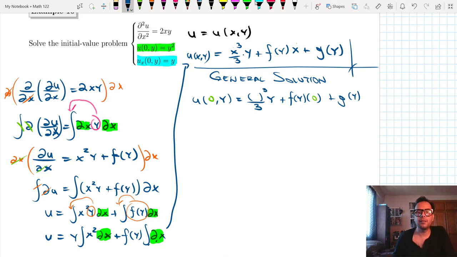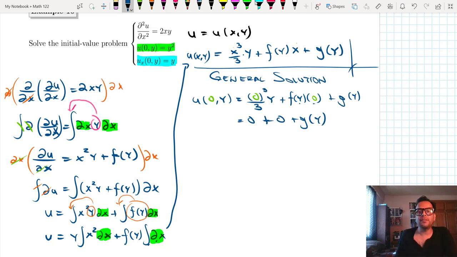So let me plug in the 0 here. 0 cubed divided by 3 is going to be 0. 0 times y is just 0, plus f of y times 0. Isn't that another 0? And this g of y is simply g of y.